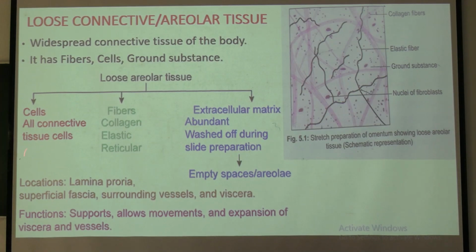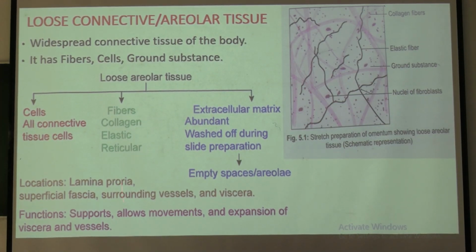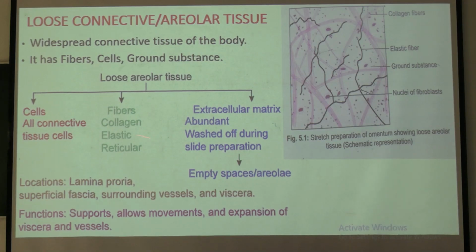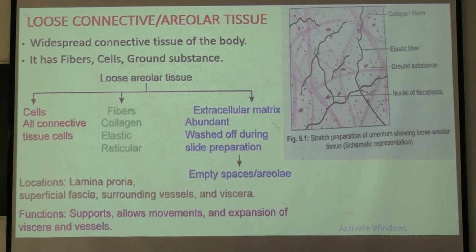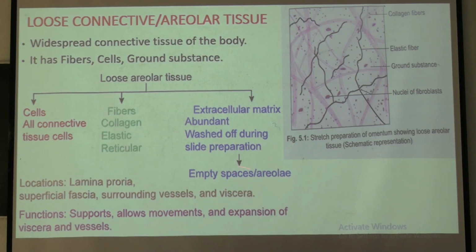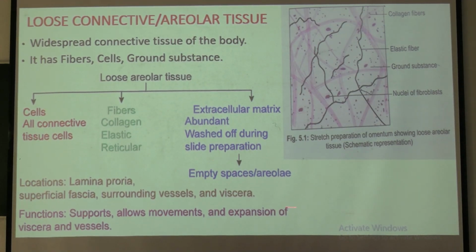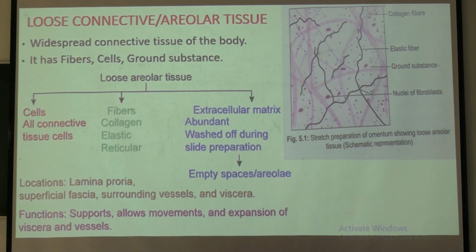All connective tissue cells will be there. Fibers are of three types: collagen, elastic, and reticular fibers. Extracellular matrix is abundant here, and this is the difference from other tissue. It is washed off during slide preparation and creates empty spaces or areola. That's why the name loose areolar tissue is given.